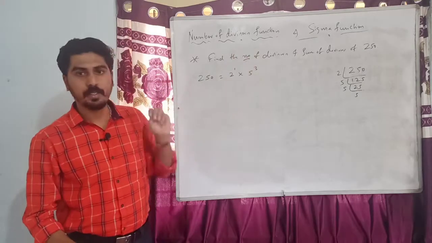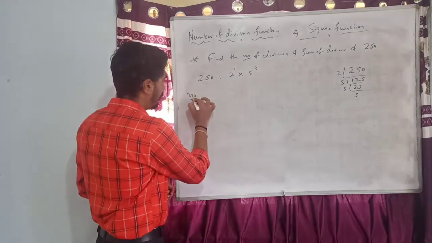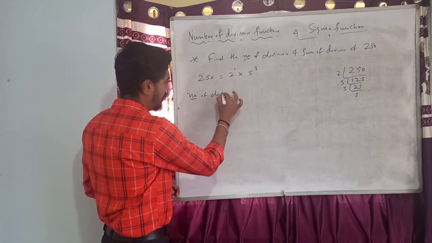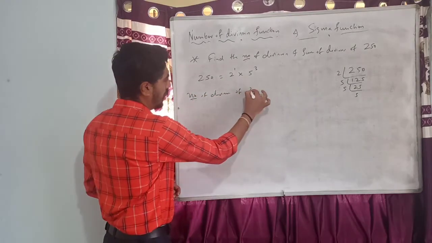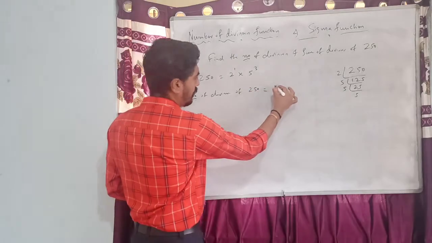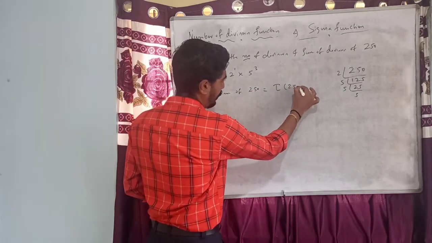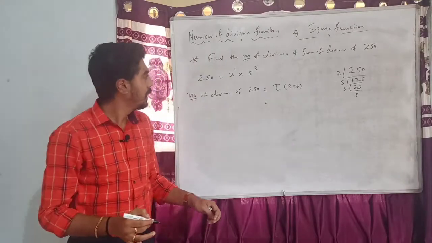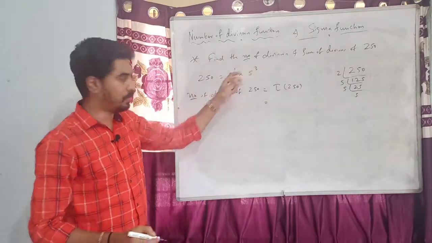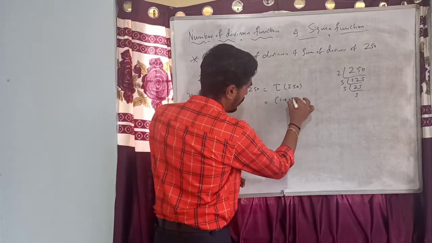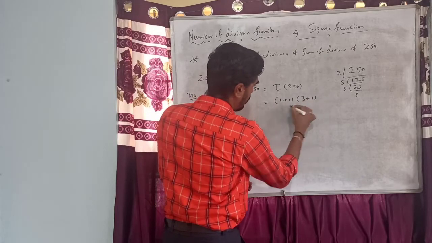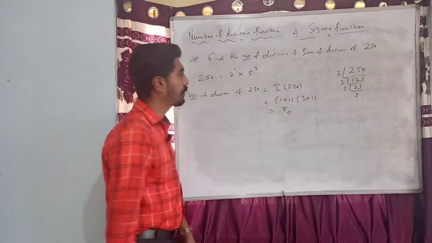So the number of divisors of 250 is tau of 250, which is given by 1 plus 1 into 3 plus 1, which is equal to 8.